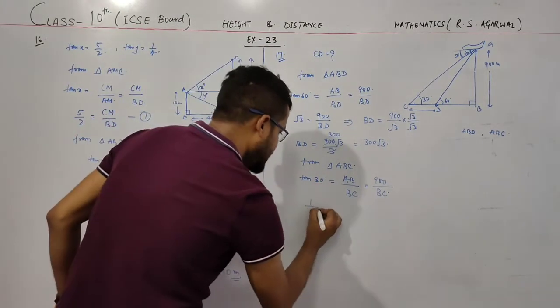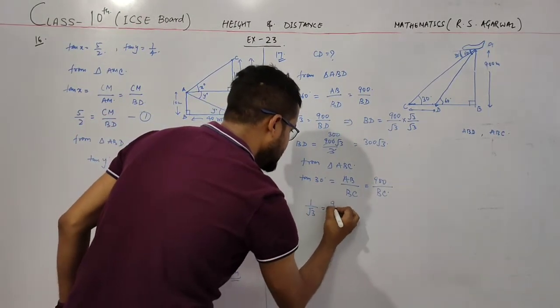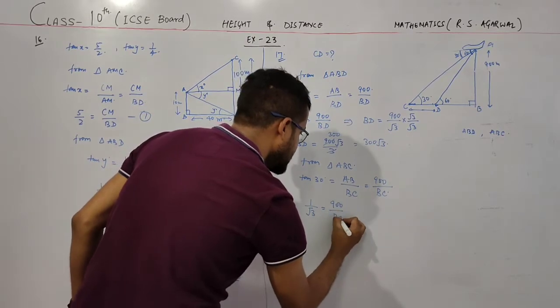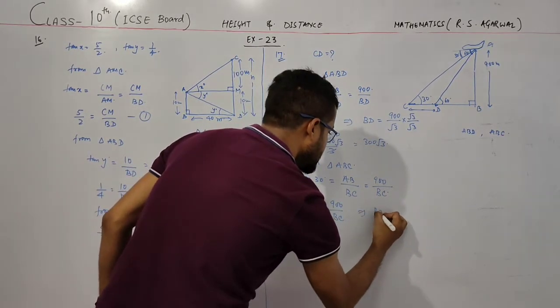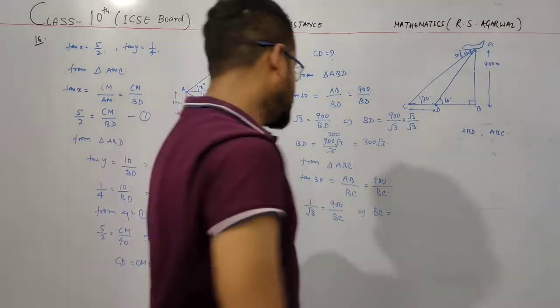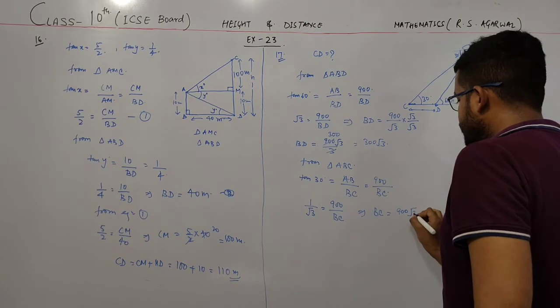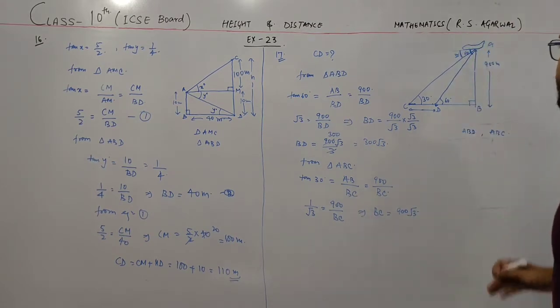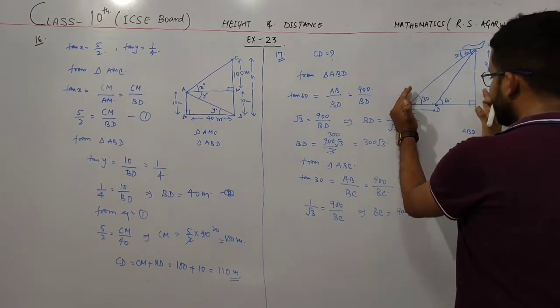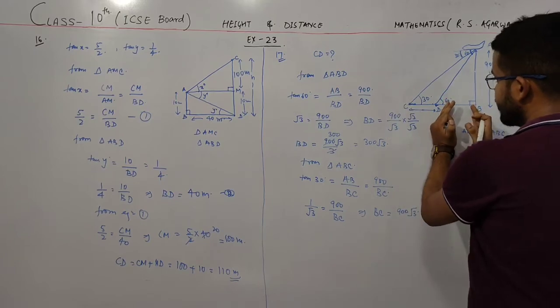Now the value of tan 30 degrees is 1 by root 3. This is 900 and this is BC. So we easily get the value of BC, which is 900 root 3. Okay, this whole value is 900 root 3 and this is 300 root 3.